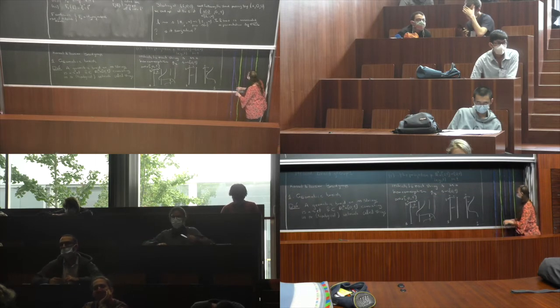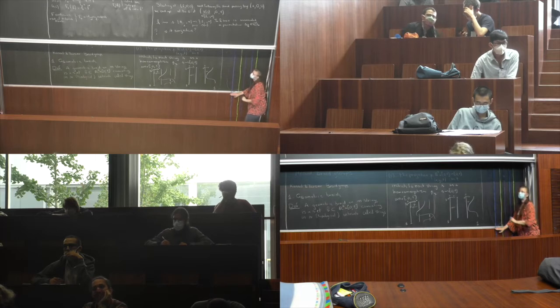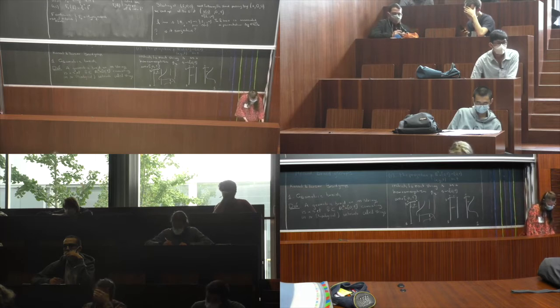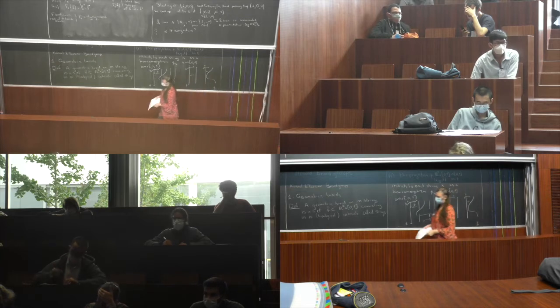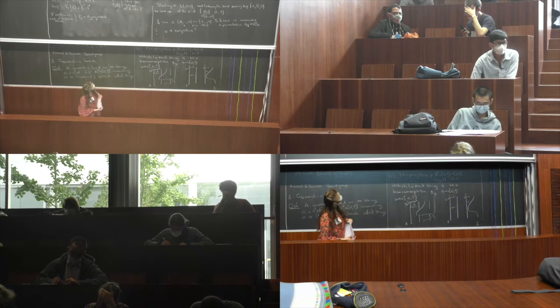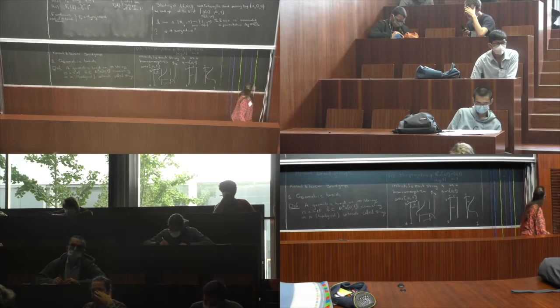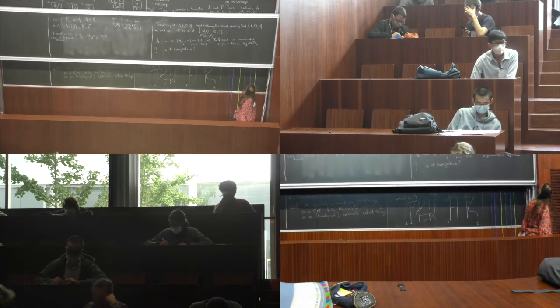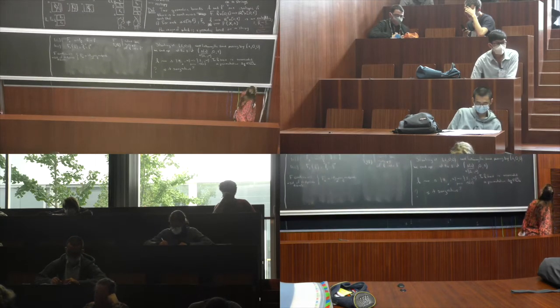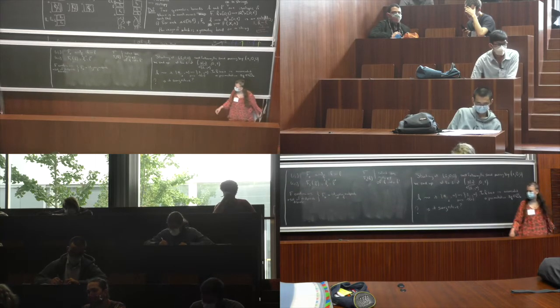I want to keep my same braid, but I just want it to be allowed to move a bit in between. This is my deformation. All right, and I claim that B is isotopic to B prime is an equivalence relation.